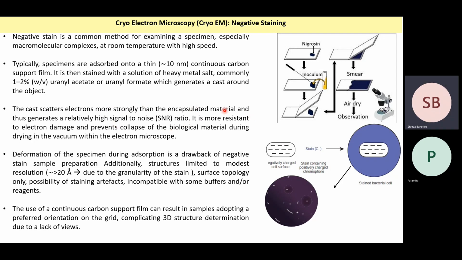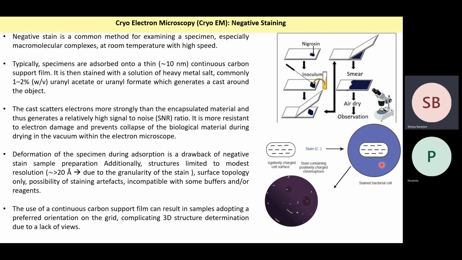Secondly, which was a problem with electron microscopes, is that high energy electrons would destroy organic materials. So this stain, which is forming a coat around the cell, is also protecting the cell from damage by high energy electrons. And thirdly, what the stain is doing is that it is preventing the evaporation of water molecules, which would lead to the destruction of any protein structure within the cell.